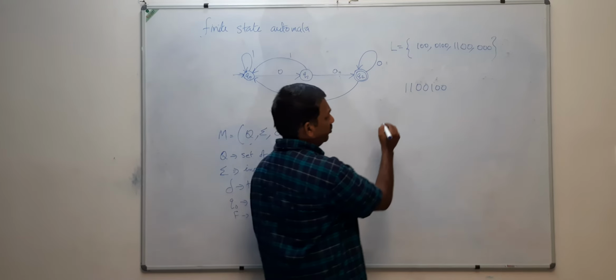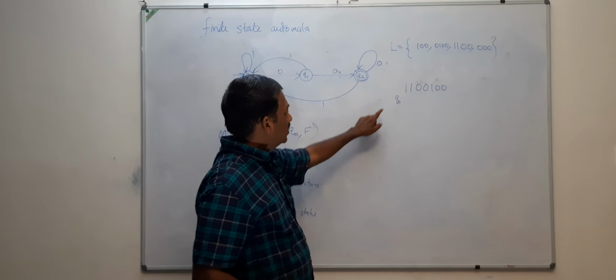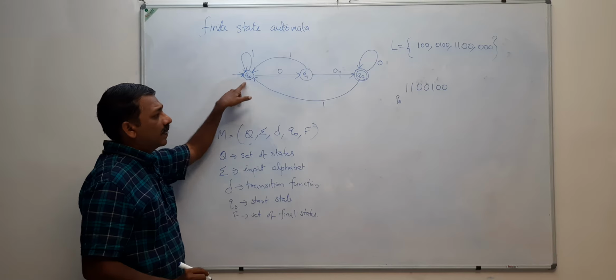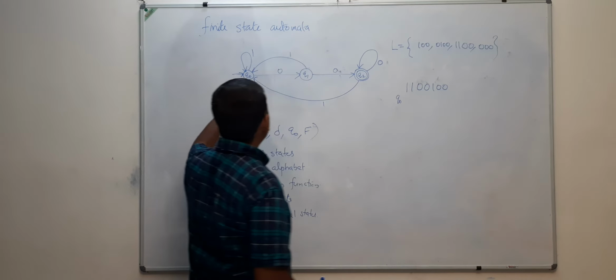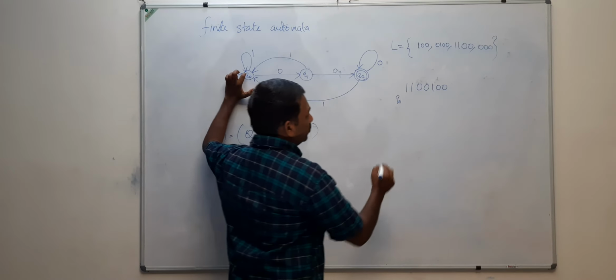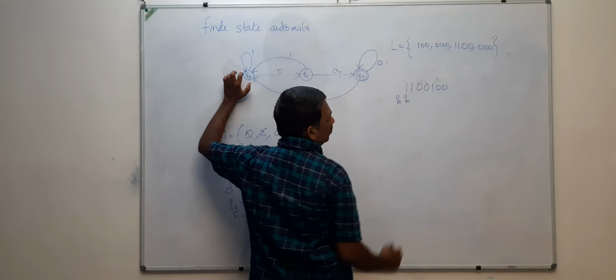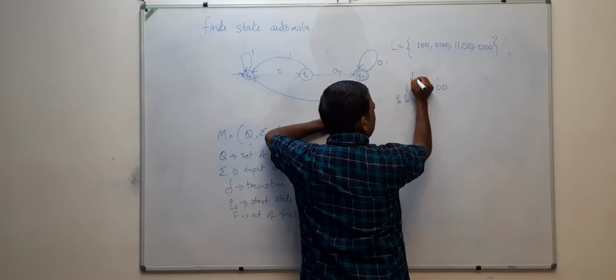Suppose your input is like this. Initially, the finite control will be in state Q0, and using this figure we can see that Q0 upon receiving 1 stays in the same state and advances to the next input symbol.